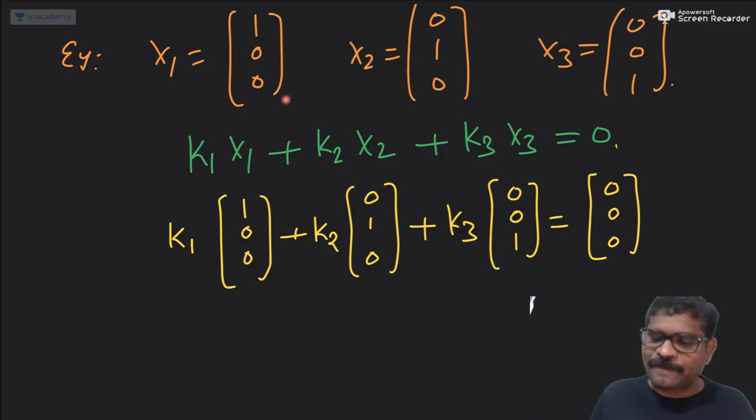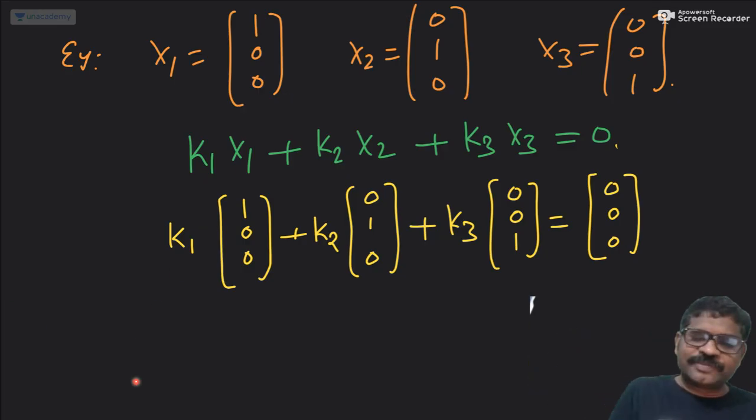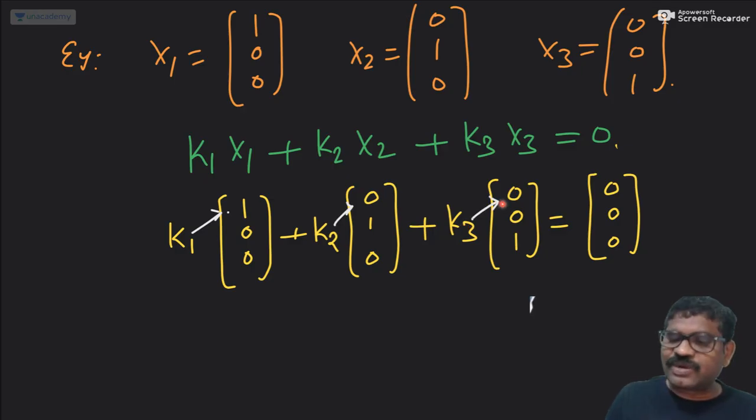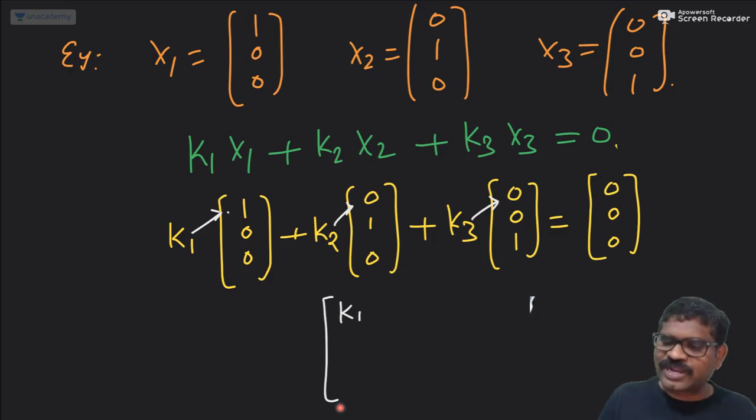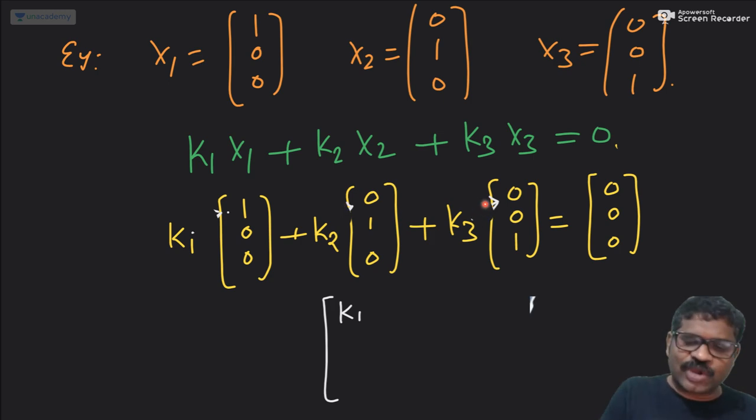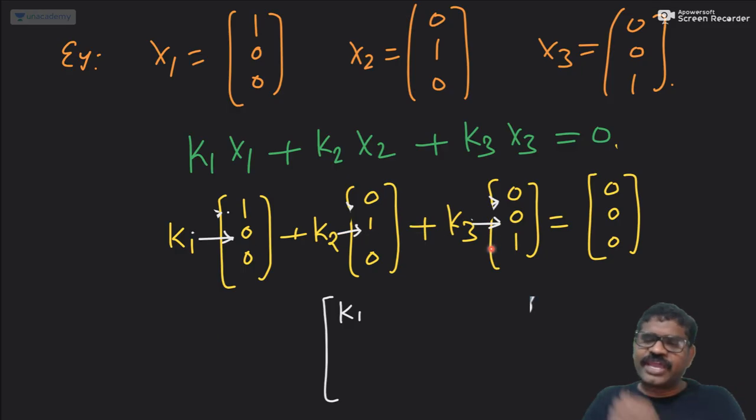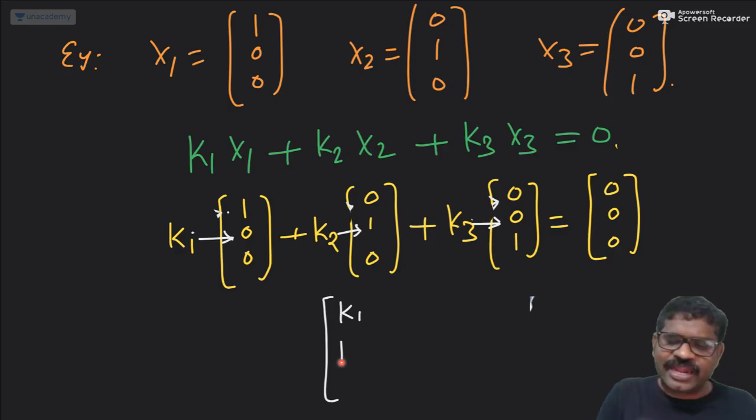Okay? Now, observe. K1 multiplied with 1 plus K2 multiplied with 0 plus K3 multiplied with 0. What is the result? K1 plus 0 plus 0. Okay. Next. K1 multiplied with 0, K2 multiplied with 1, K3 multiplied with 0. I am talking about the second entry. That gives K2.